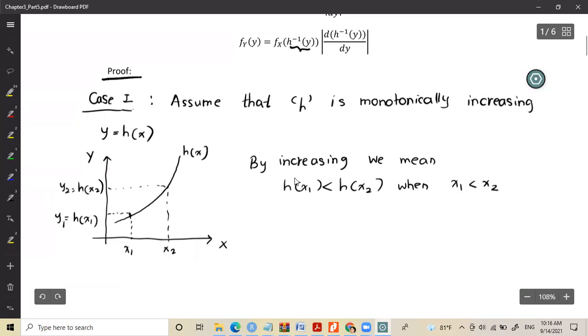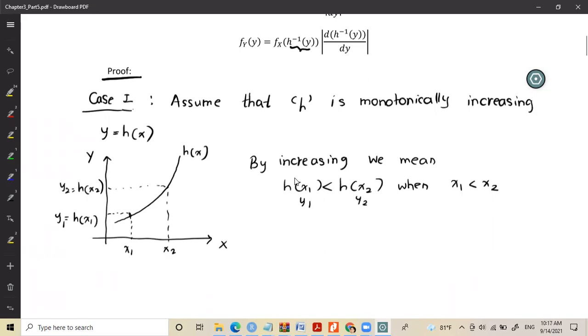So when x1 is less than x2, it is the order x1 and then comes x2. If it is increasing, h of x1 and h of x2 will also have the same order. So if x1 is less than x2, you can see that y1 is also less than y2, which is h of x1 and h of x2. So that is the meaning of increasing.